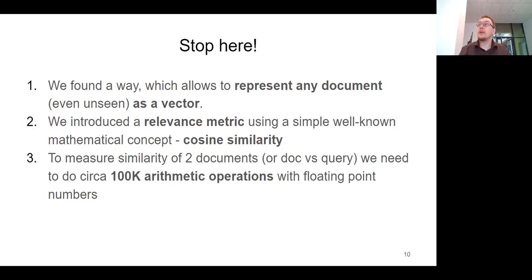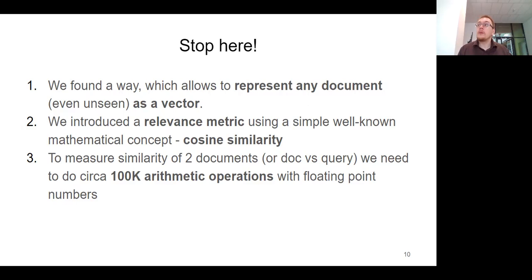But we introduced the relevance approximation as the simple mathematical concept, cosine similarity. And we actually see that, yeah, cosine similarity, even in this case, can work. The documents which share words will give us bigger cosine similarity. The documents which don't share words give us similarity close to 0. Yeah, so this already works even if the concepts are non-orthogonal.